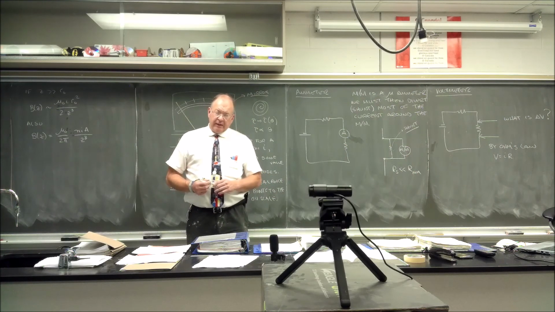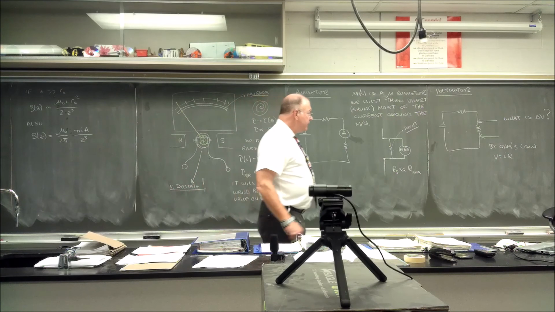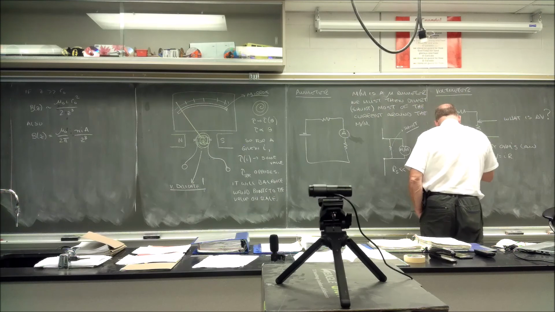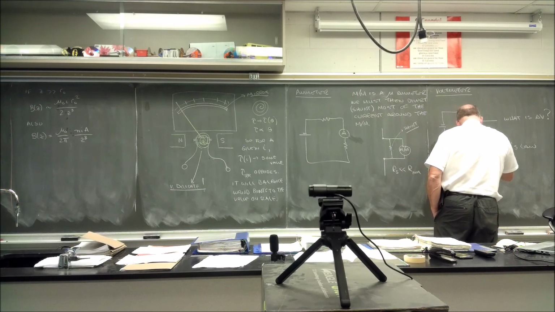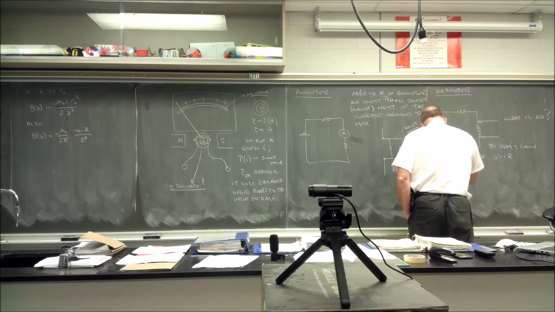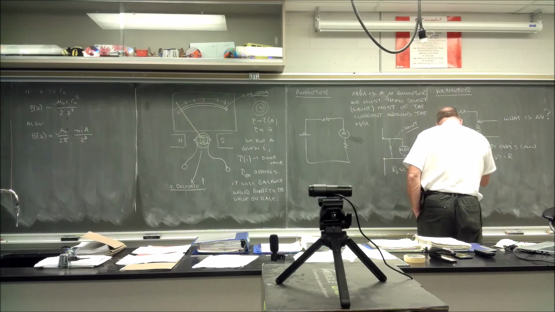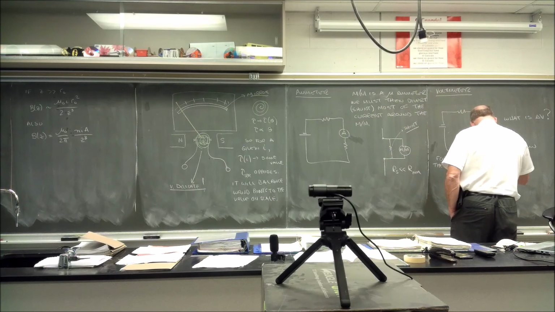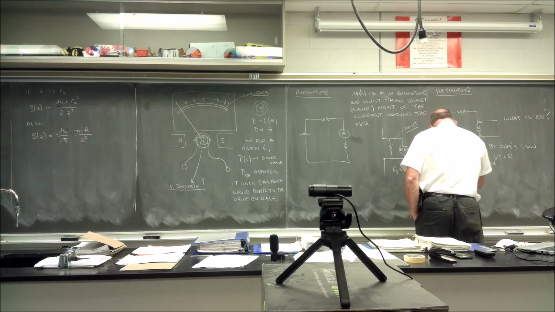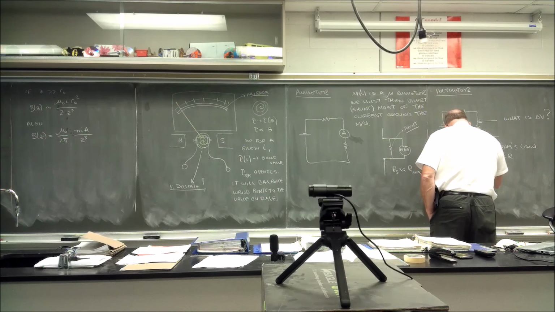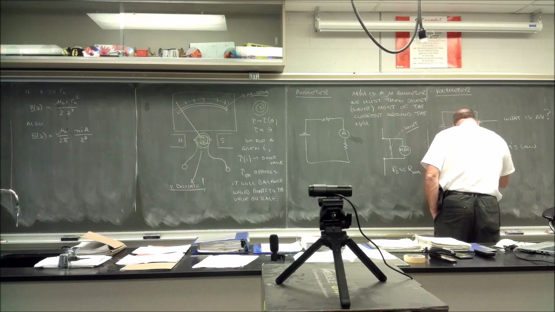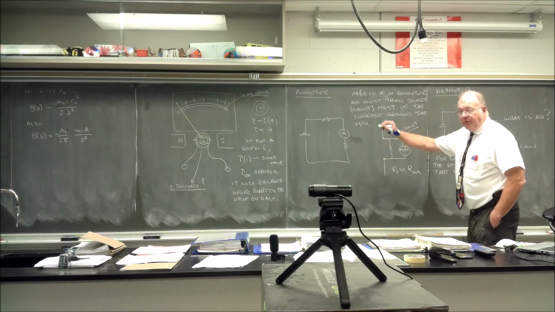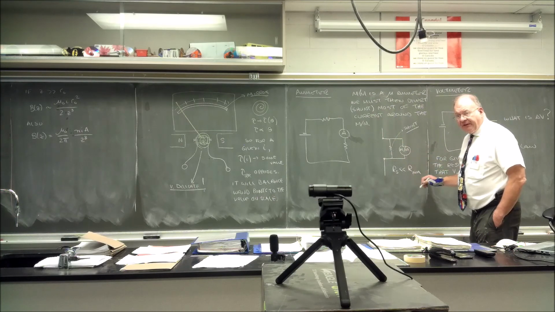We'll know exactly for a particular range, for a given range, the resistor is such that V max reduces I max, because the meter movement is still measuring current. It always measures current, but we fake it out.